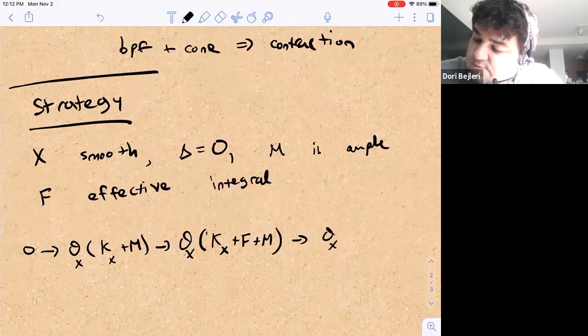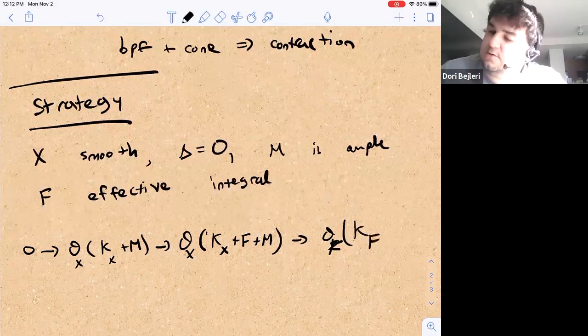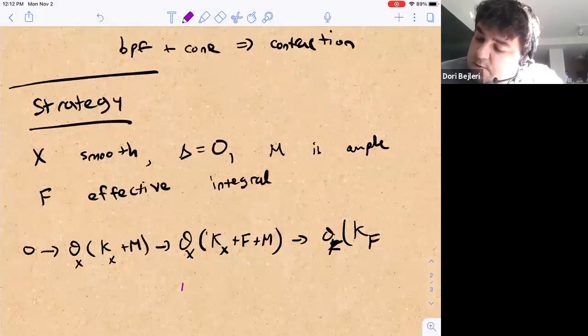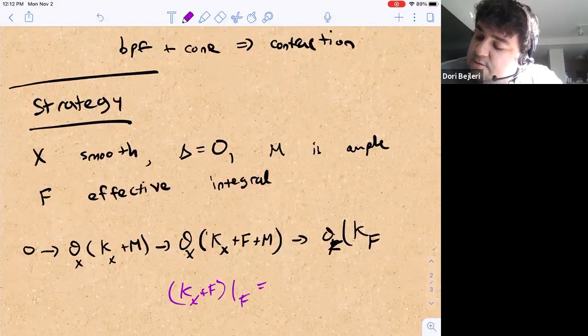By adjunction, when we restrict, we get KF, because KX plus F restricted to F is KF.